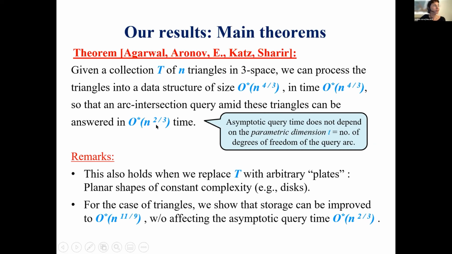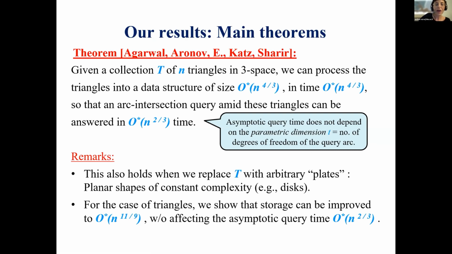So this is quite a general result, and I would also like to note that the exponent of the query bound does not depend on T, where T is the number of degrees of freedom of the query arc. We also refer to this parameter as the parametric dimension. It appears only in the constant of proportionality.